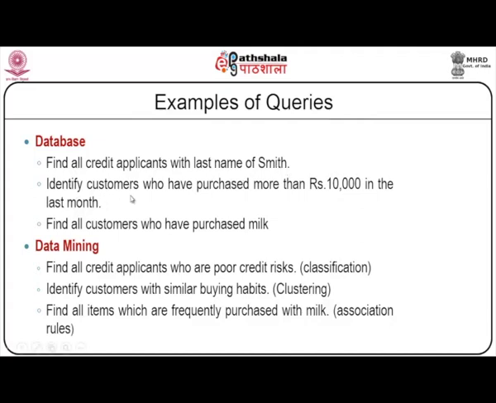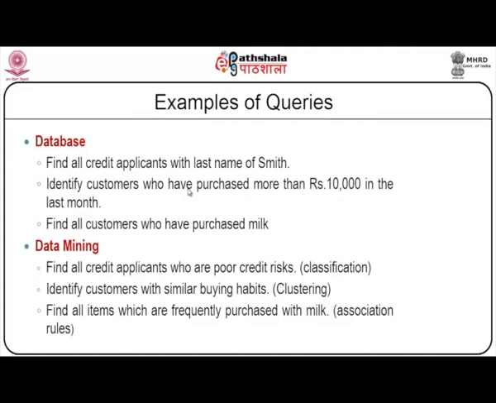Identify customers who have purchased more than 10,000 rupees in the last month. Here I distinguish a specified group of valid customers who have purchased more than 10,000 rupees. Find all customers who have purchased milk. These are typical things available in database tables, so I can directly retrieve them just by querying with SQL.